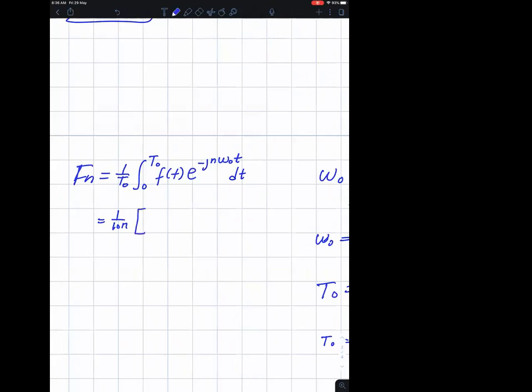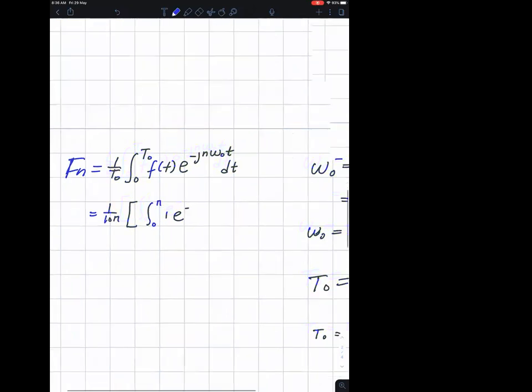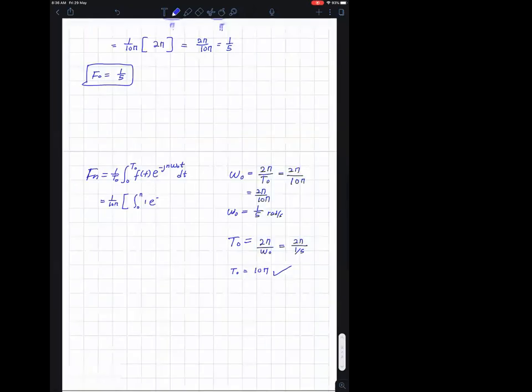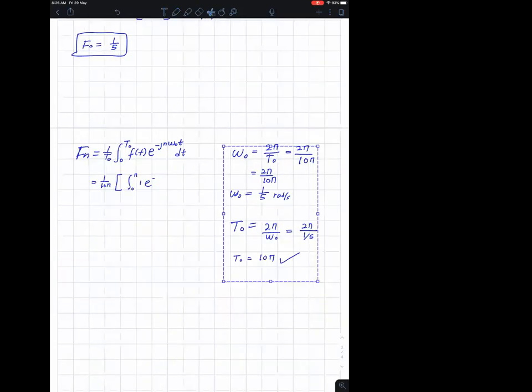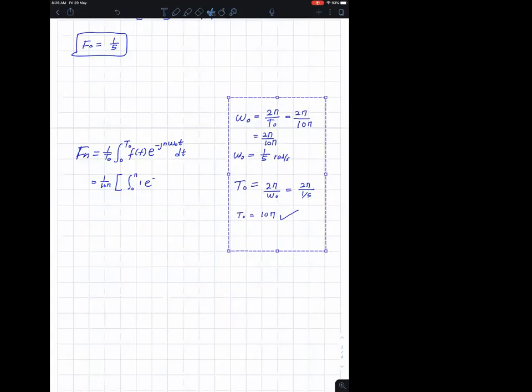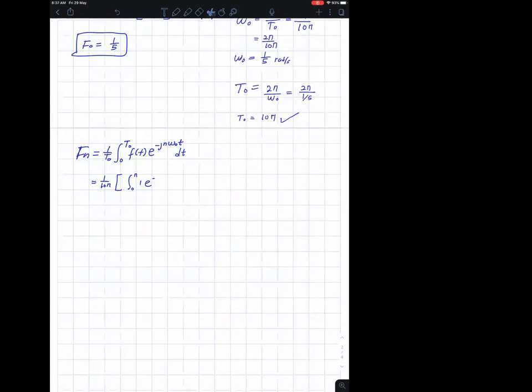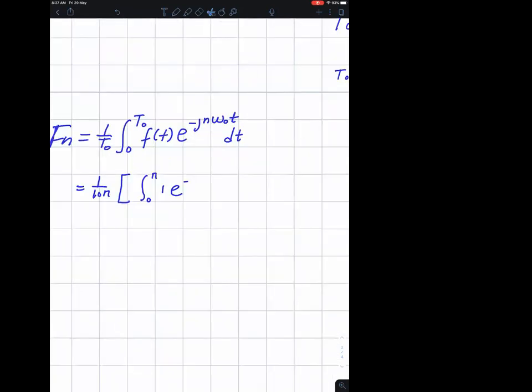Again, the integral involves two parts. One is from 0 to pi: 1 times e to the minus j n, 1 over 5 t, and then dt, plus the part from 9 pi to 10 pi.